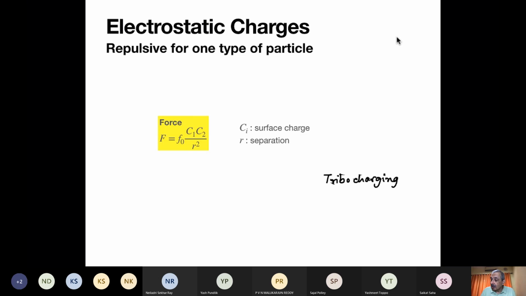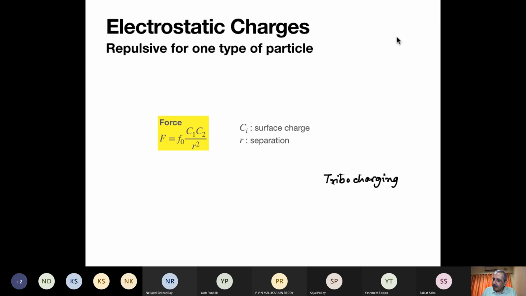Usually, this is most common when two dissimilar surfaces are rubbed against each other, and the way it happens is that electrons from one surface get transferred onto the other surface. Hence, one gets a positive charge and one gets a negative charge. If there are like particles, this effect is of course much less.